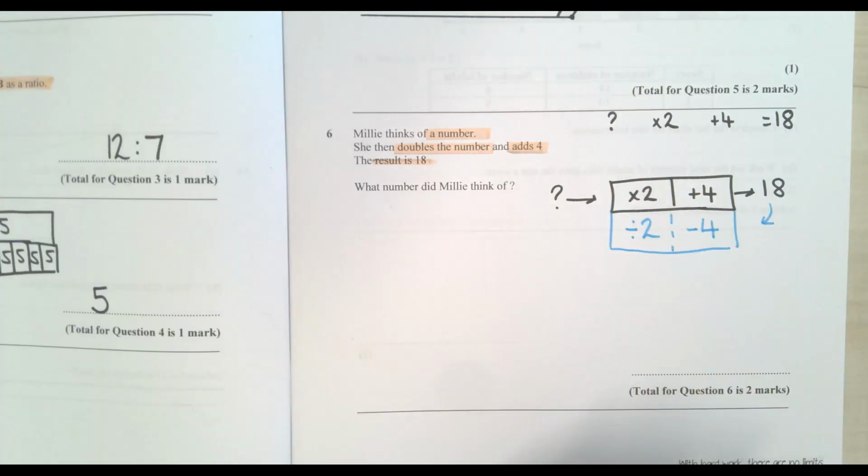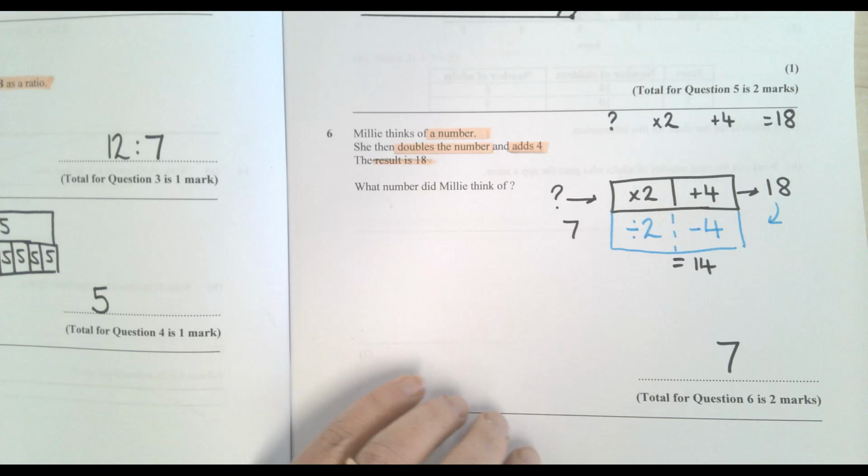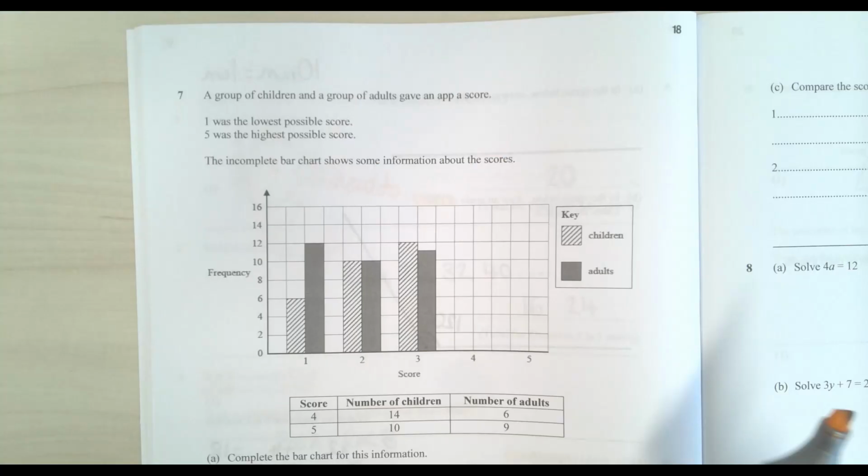I'm going to subtract that 4 off, and then I'm going to divide it by 2. On a calculator paper I must press equals in between. I know I can do 18 subtract 4, but I'm just going to show that on a calculator. Subtract the 4 is 14, then I'm going to divide that by 2 is 7. So Millie was thinking of the number 7. A great way of doing those kind of think of a number questions. Okay, over on question number 7.